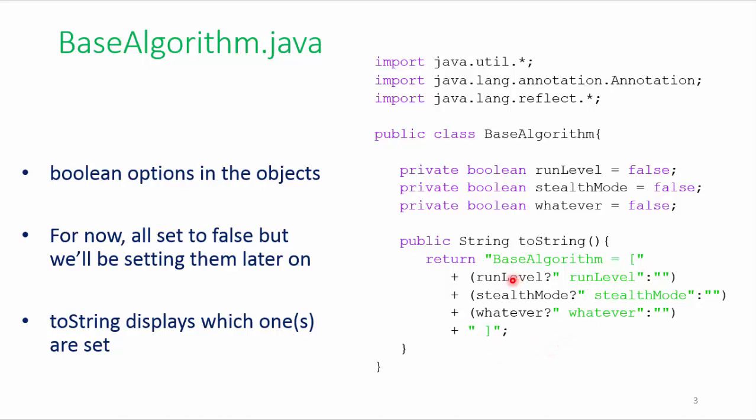And in between, we use a ternary conditional operator to say, if the runLevel field is set to true, then in that string I add a substring that contains the name of the attribute that is set to true, runLevel in this case. Otherwise, that's what's after the colon, I put an empty string. So between the square brackets that follow the name of the class, we are going to get the name of all the attributes in this particular object that have been set to true. And that's it.